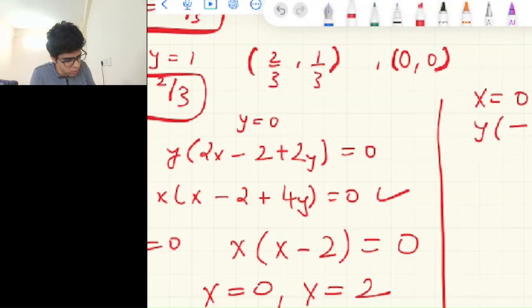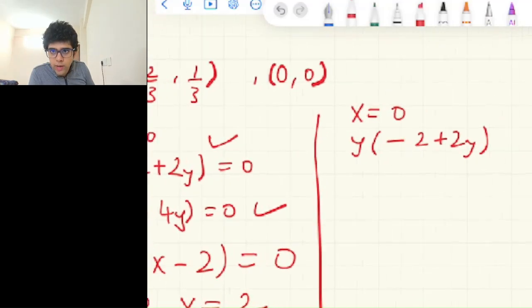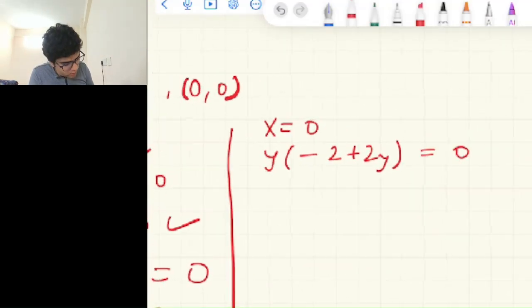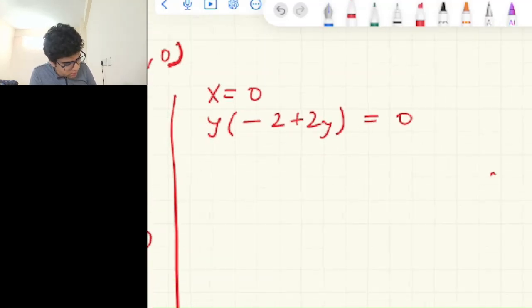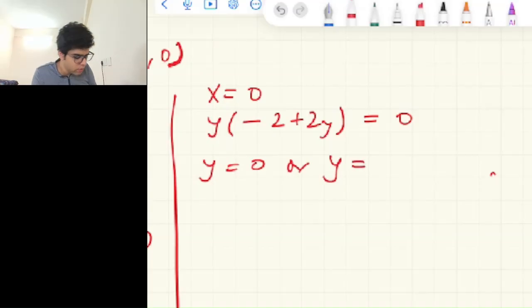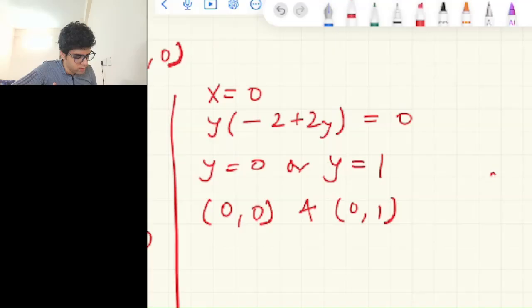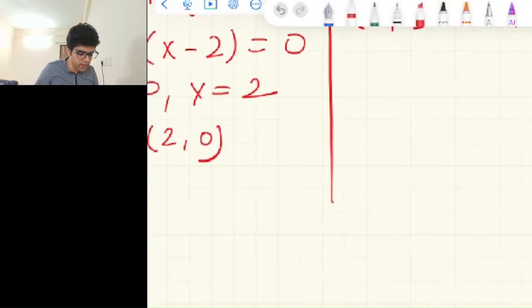Using the first equation, x is 0, so minus 2 plus 2y equals 0, right? So now I'll be getting y is equal to 0, or 2y equals 2, so y is equal to 1. So again 0 comma 0 and 0 comma 1.